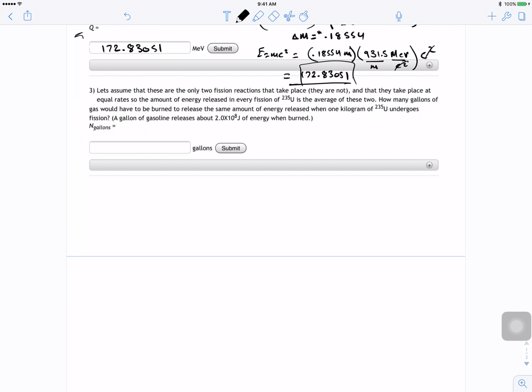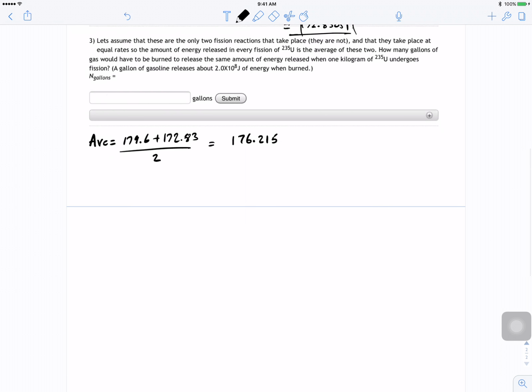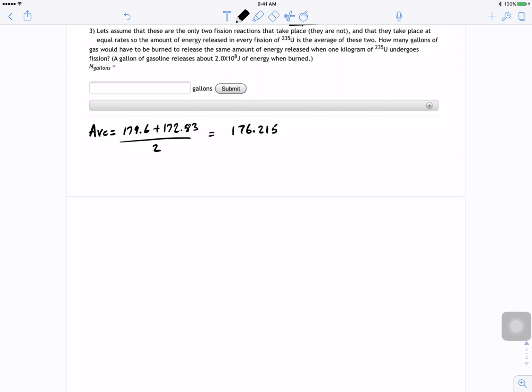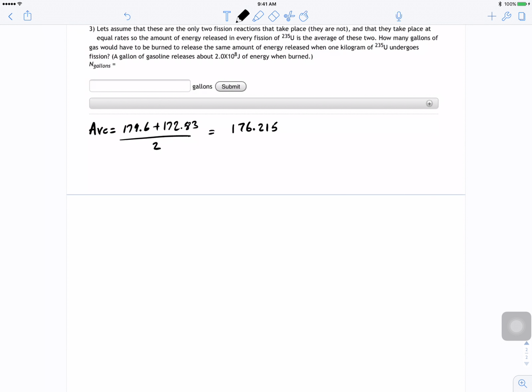So the average is going to be 179.6 plus 172.83 divided by 2, which is 176.215 million electron volts.